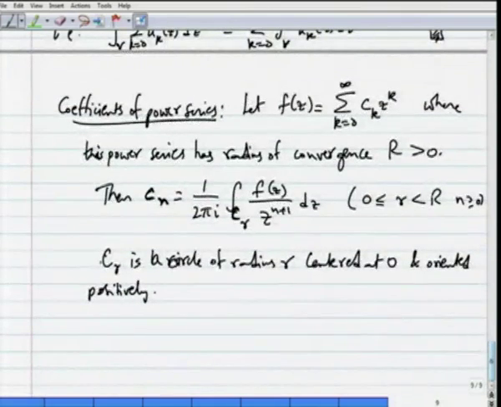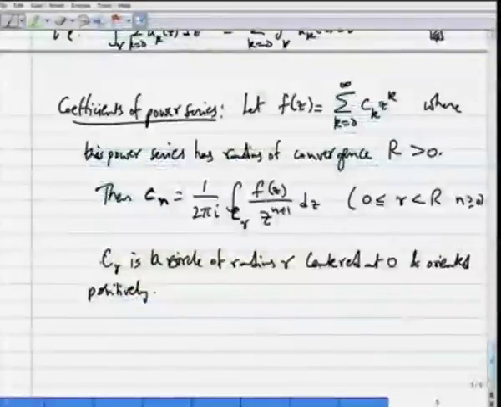So, this tells us that if you take a power series which has positive radius of convergence, then its coefficients, or constants, are unique, and there is a specific formula for them.